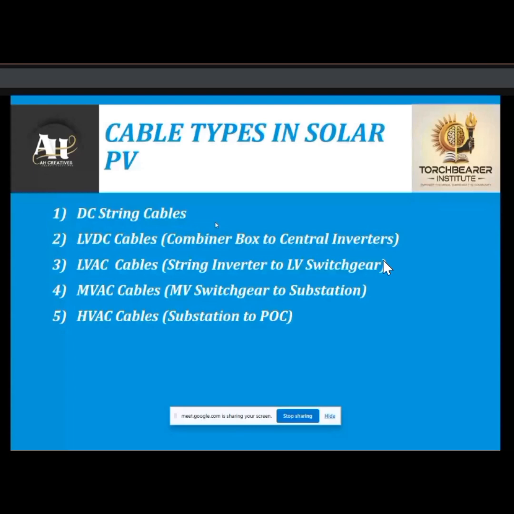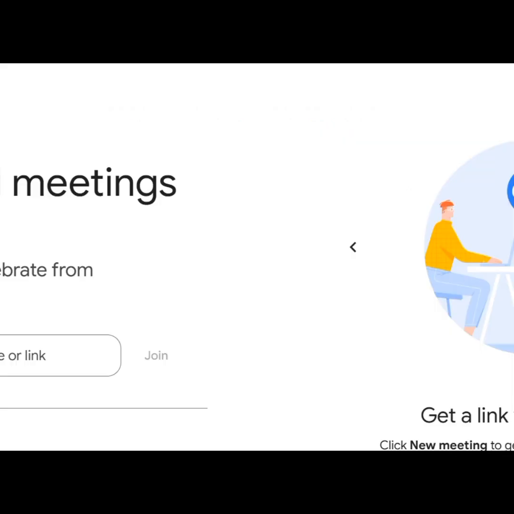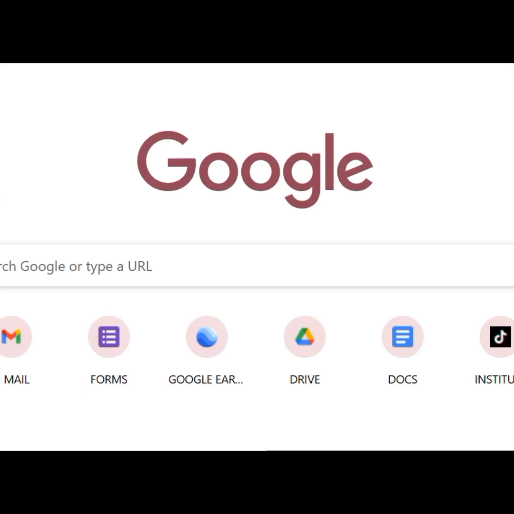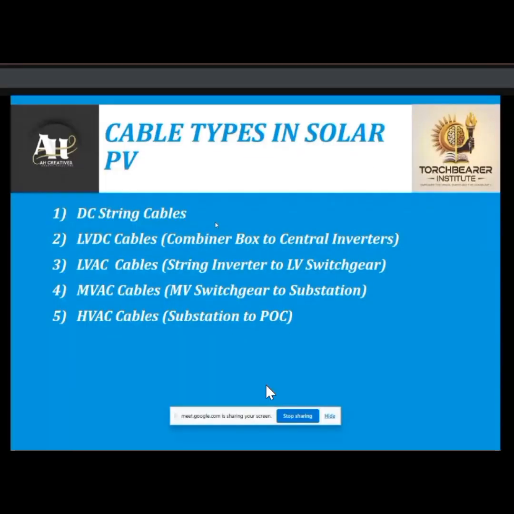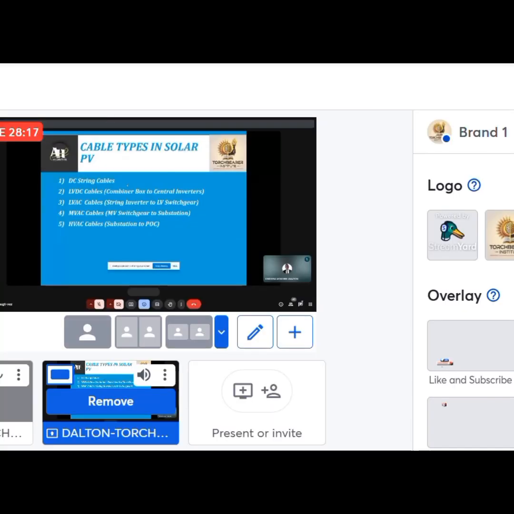LVAC cables are used with the string inverter, which converts the DC to AC, and then we have to transfer the AC power to the LV switchgear level. So we use the LVAC cables, and then the MVAC cables. MVAC cables are used between the MV switchgear of the MV stations and the substation level, like the 33 kV switchgear in the substation.